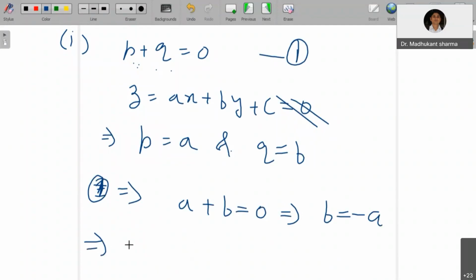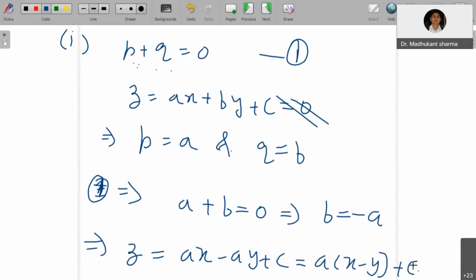So z equals a times x minus a times y plus c, which equals a times x minus y plus c. This is the associated family for which this is the solution.